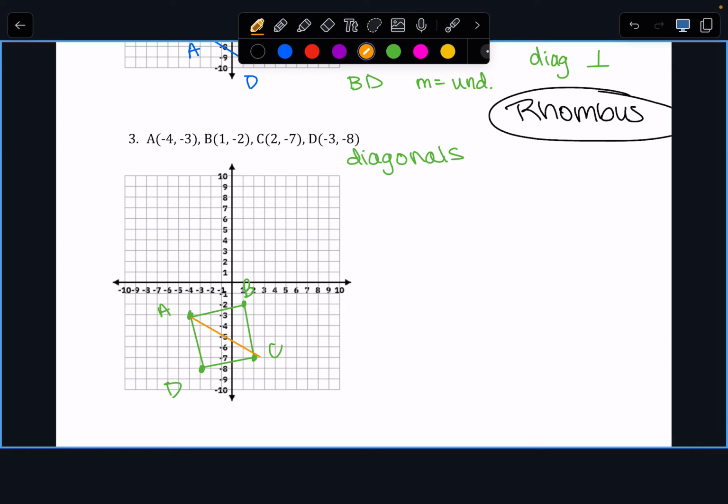Okay, so let's find the midpoint of AC and BD. If we find the midpoint of AC, we're going to add the x's, divide by 2.